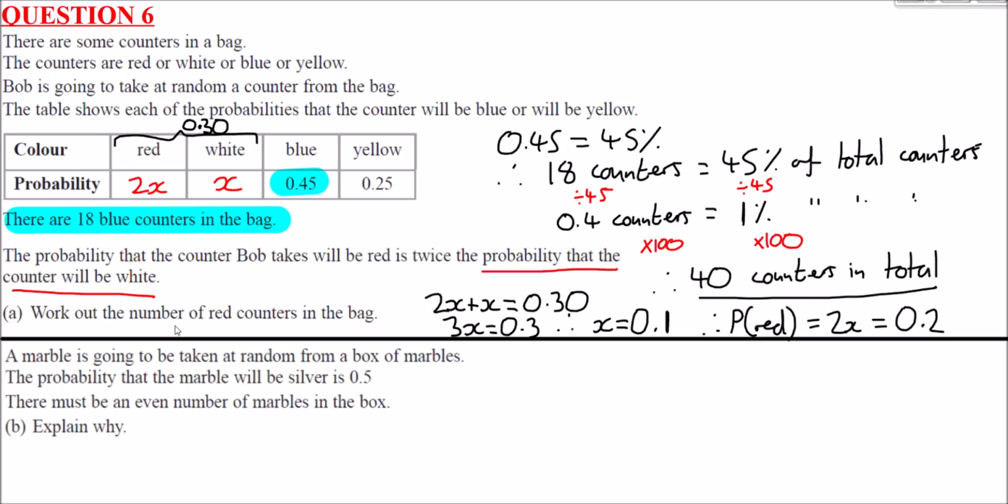So therefore, number of red counters must be 20%. And 20% comes from the fact that the probability of being red is 0.2. So it's going to be 20% of the 40 in total. And 20% of 40 is 8. So we've got 8 red counters.